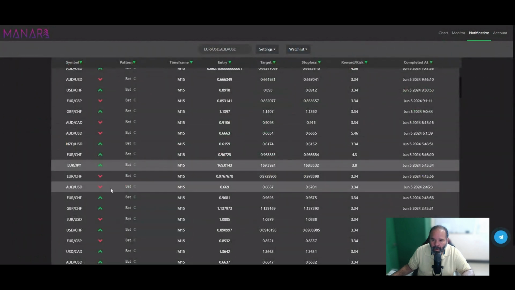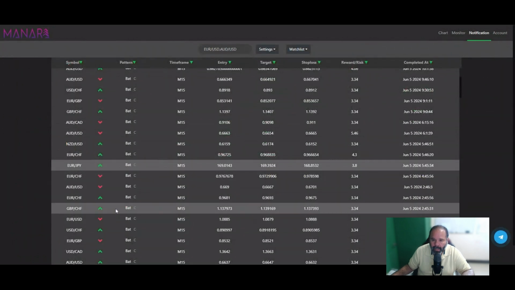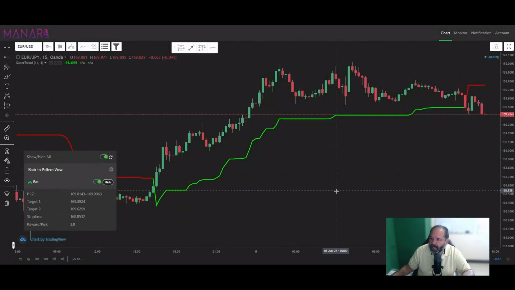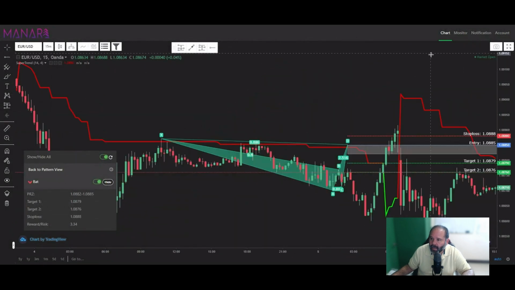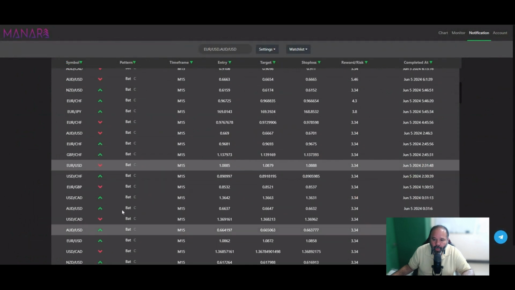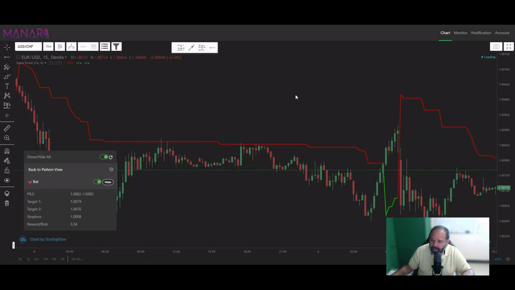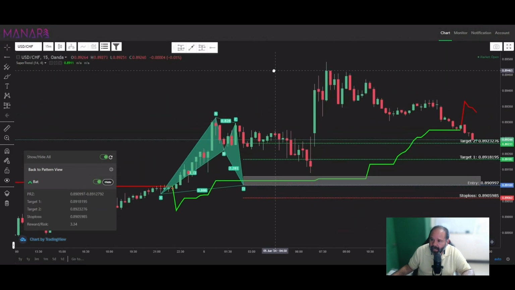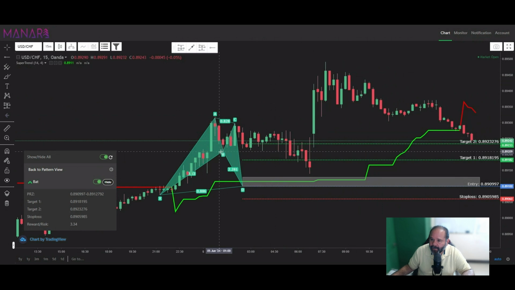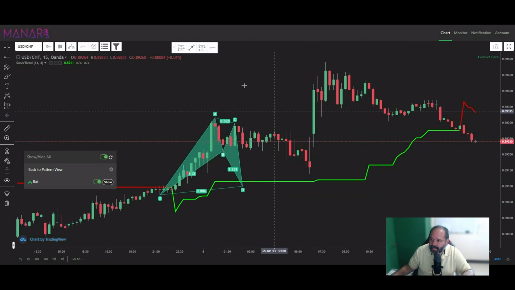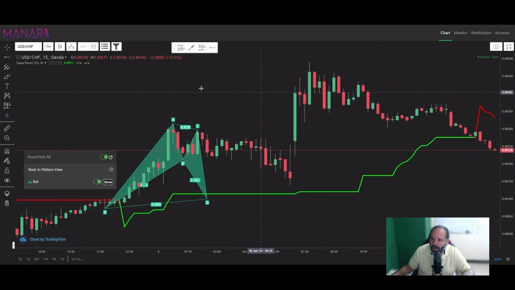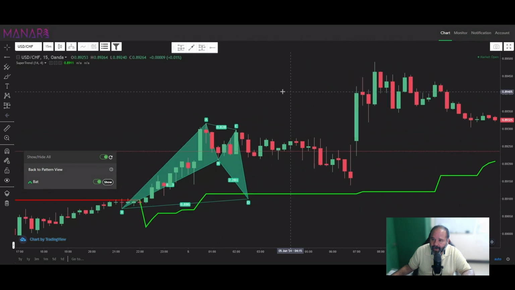No. Let's see. Euro USD. It's the same. And once you understand this strategy, if you do a back test, you will see that there are always trades all day, every day.